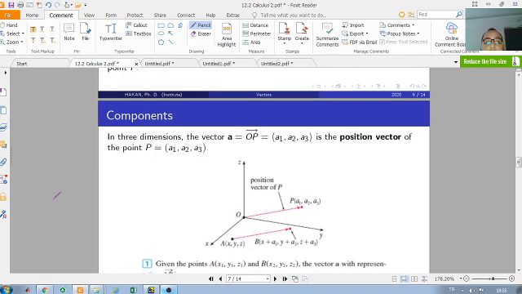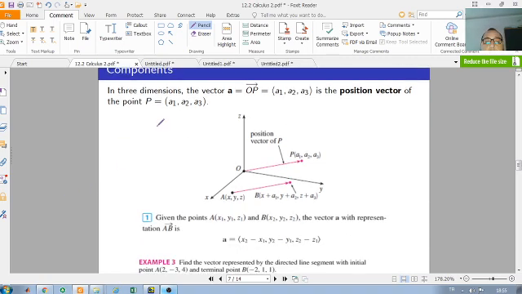So in three dimensions, similarly, the vector from the origin to the point P is the position vector of the point P. Namely, for every point we obtain a position vector. For example, the point Q is here.